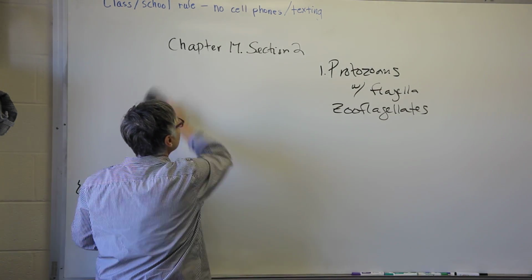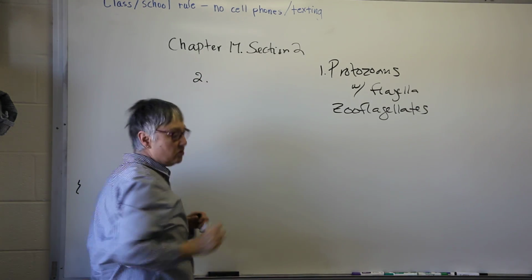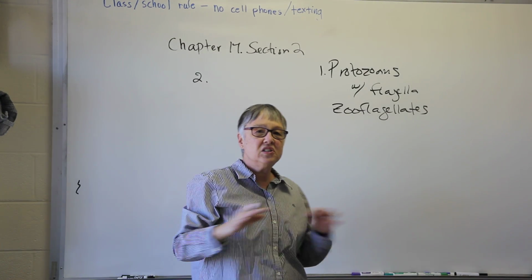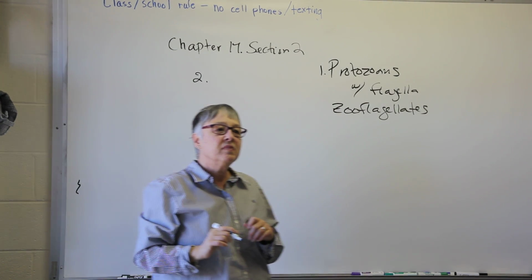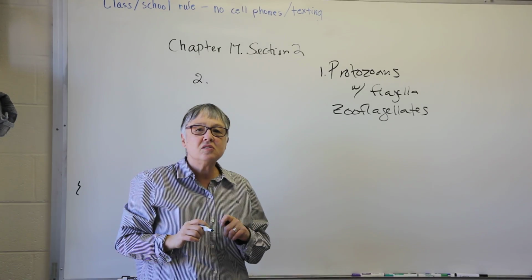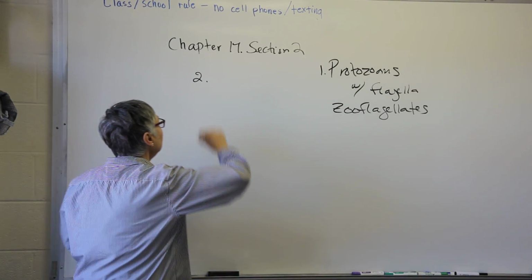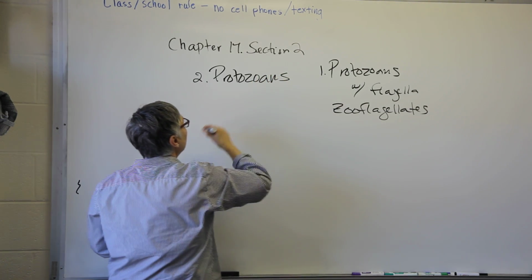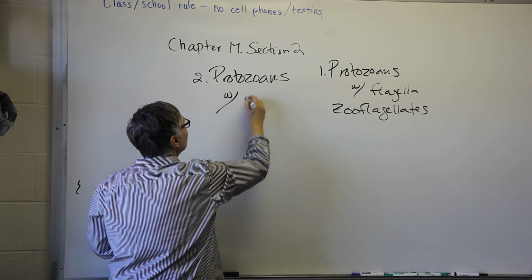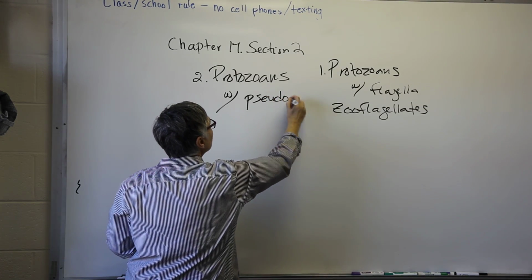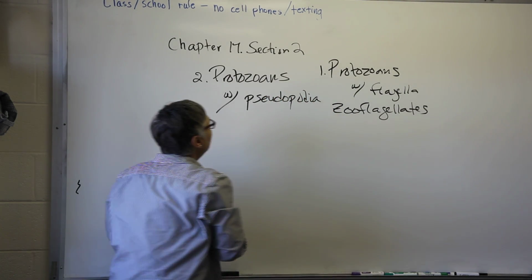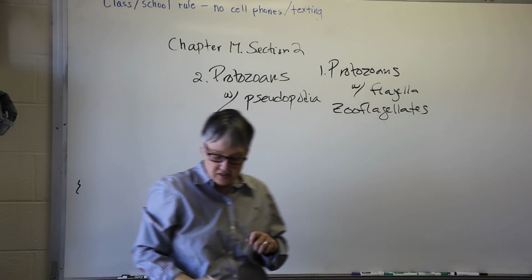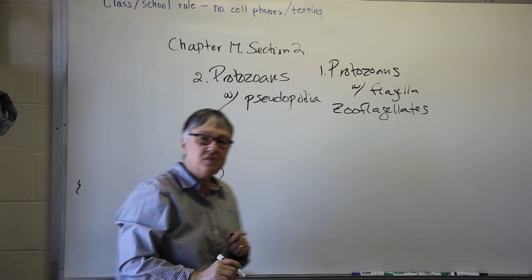3 other categories. So a second category here are the protozoans that move by extensions of the cell membrane, and those extensions are called pseudopodia. So we're going to refer to this group as protozoans with pseudopodia. And I will mention 2 specific groups of organisms.